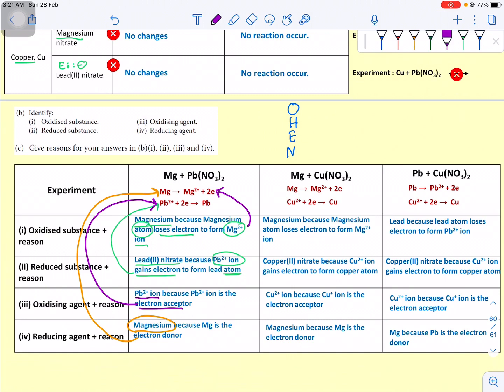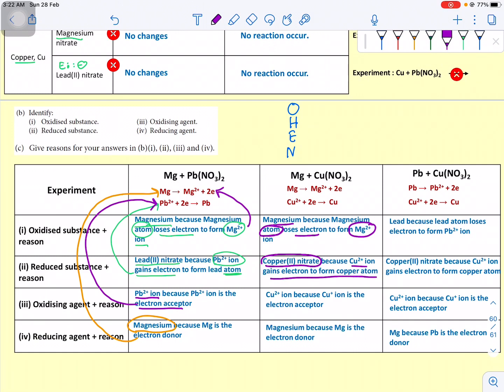Magnesium and copper(II) nitrate, who undergo oxidation? The answer is magnesium. Because magnesium atom, we have to mention atom, lost electron to form magnesium ion. Who undergo reduction, you can say copper(II) nitrate pun betul, copper ion pun betul, copper(II) ion. Because copper(II) ion gain electron to form copper atom.